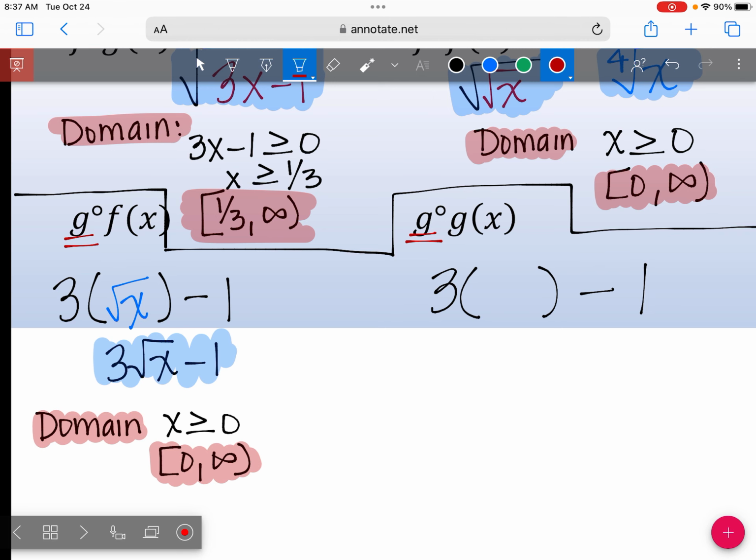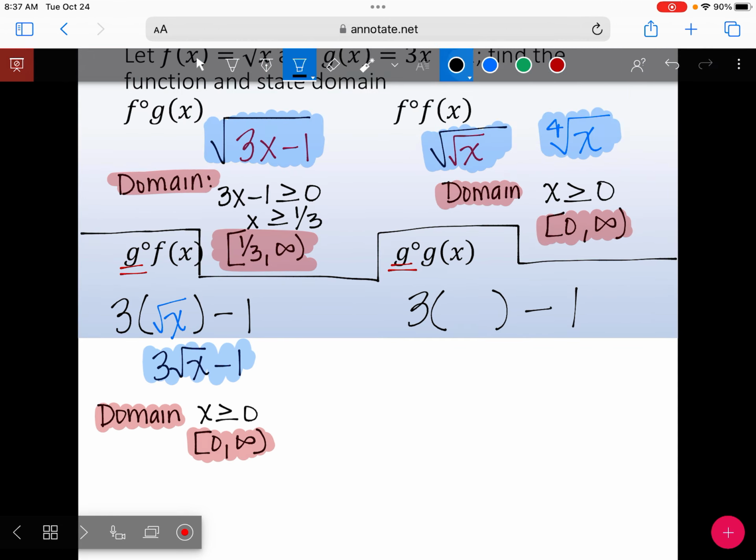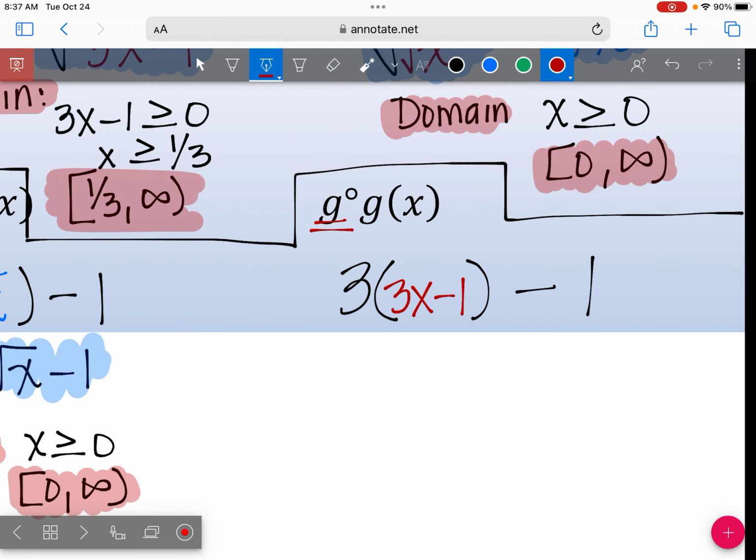And for this last one, we're simply putting a 3x minus 1 inside of 3x minus 1. We don't have any square roots, no red lights, so you're just distributing the 3 and combining your like terms.